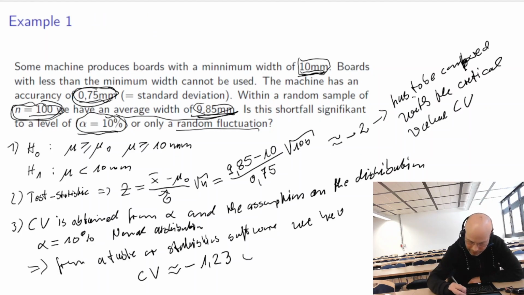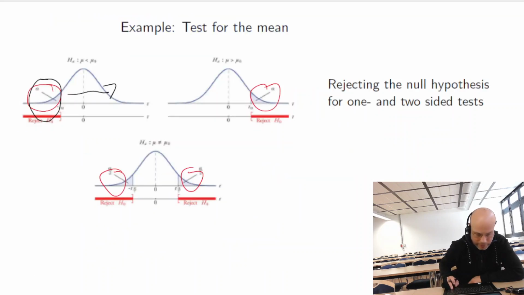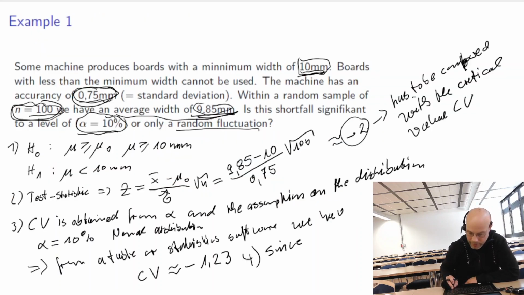So then we have a minus 2 within this case. I have a minus 2. My critical value is minus 1.3. I have a minus 2, so up to an error probability of 10%, I can say that something is wrong with my machine.